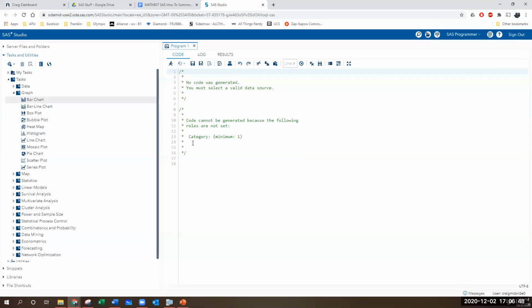It creates a copy of the code and calls it program 1 because it doesn't let you mess around with the code of its default programs. If you're going to change it, you have to call it something new, because it's no longer their default histogram or bar chart or scatter plot. Once it's all here, the first thing I do is highlight everything and delete it, and I start fresh.